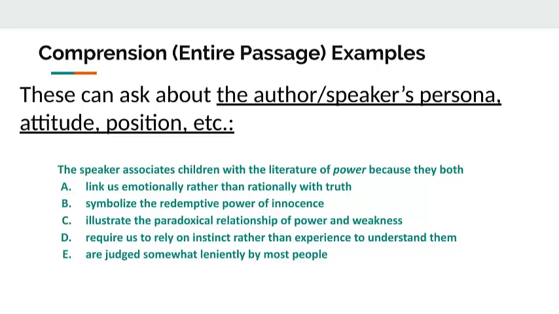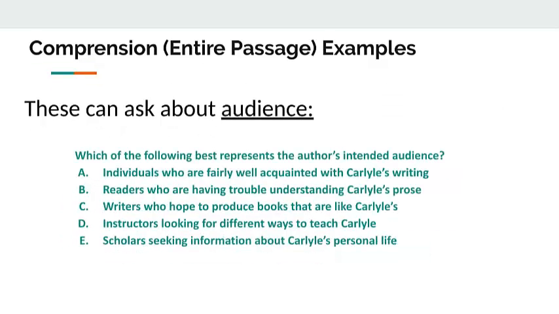Here's another example where it's about the author or the author's attitude, position, etc. The speaker associates children with the literature of power because they both. Okay, so that's a question you would be able to answer after you've read the entire passage and understand it. It could ask about audience.